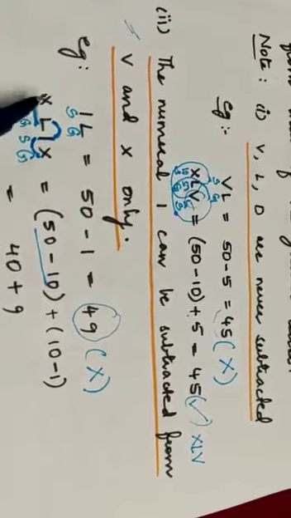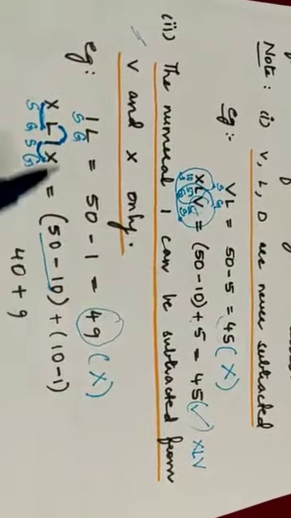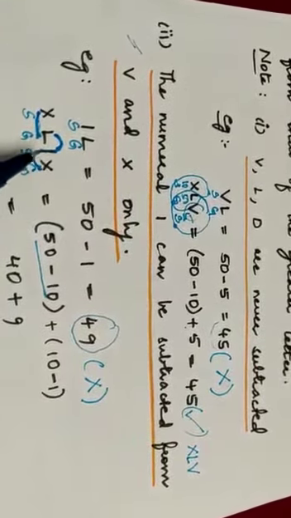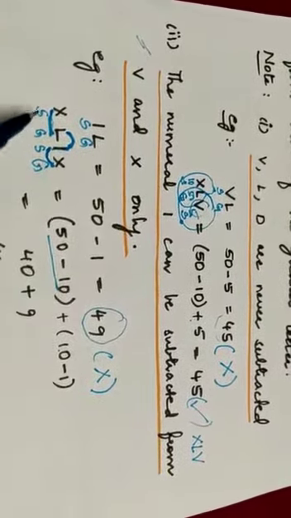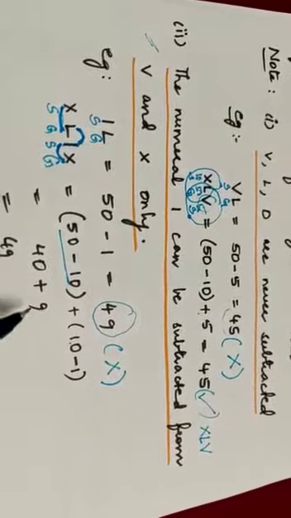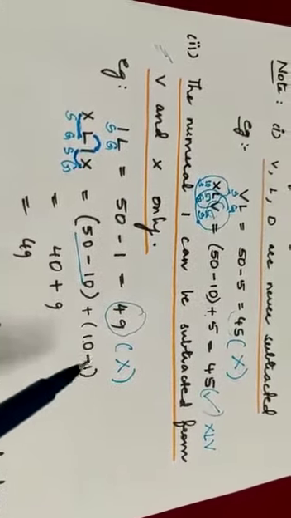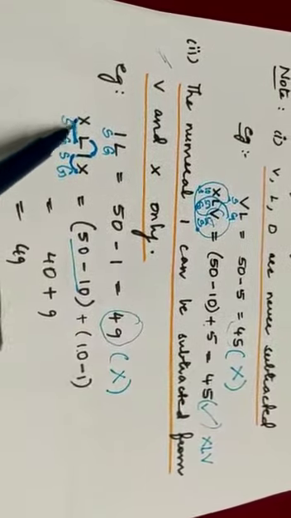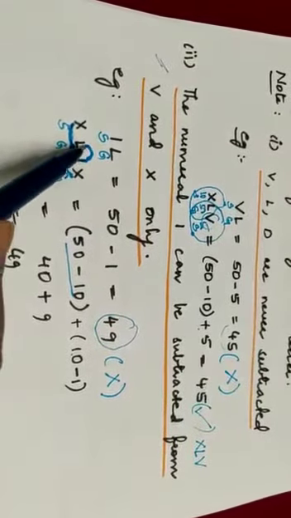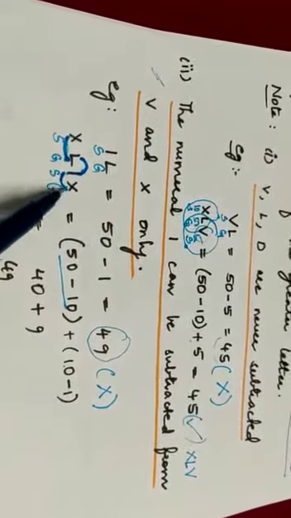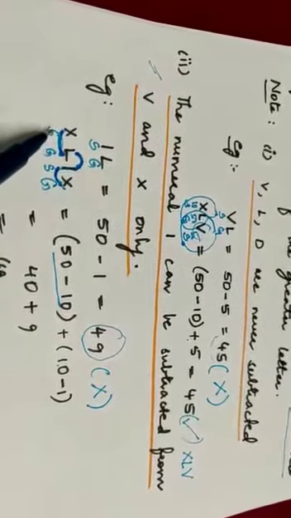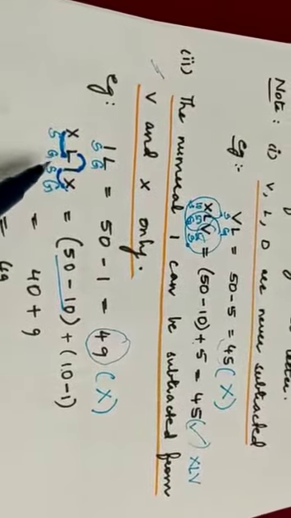So L and X: 50 minus 10. Next X and I: 10 minus 1, 9. So the sum of these two: 40 plus 9, 49. Hope you are clear about why minus, plus, minus are coming over here. This is rule 3, this is rule 2, this is rule 3. Why? Smaller value on the left side of greater value is rule 3.